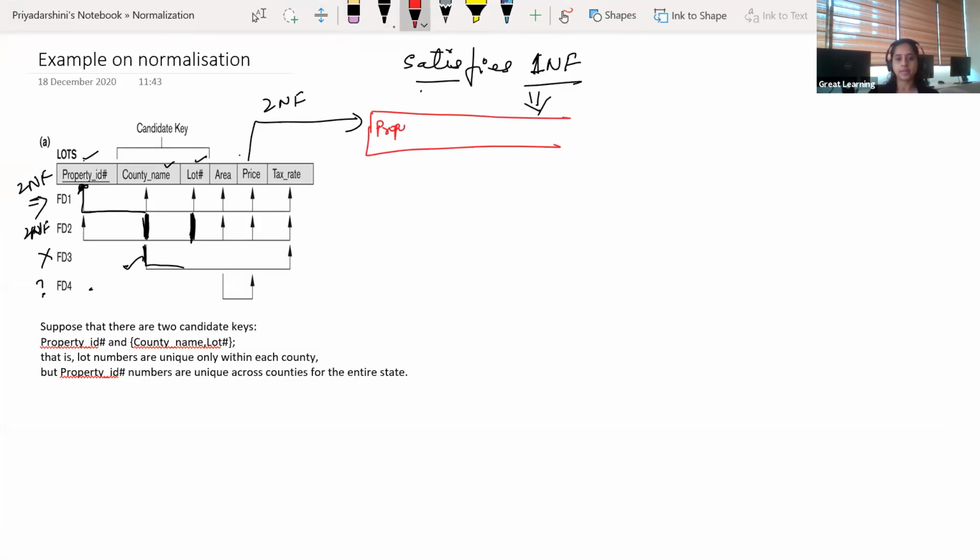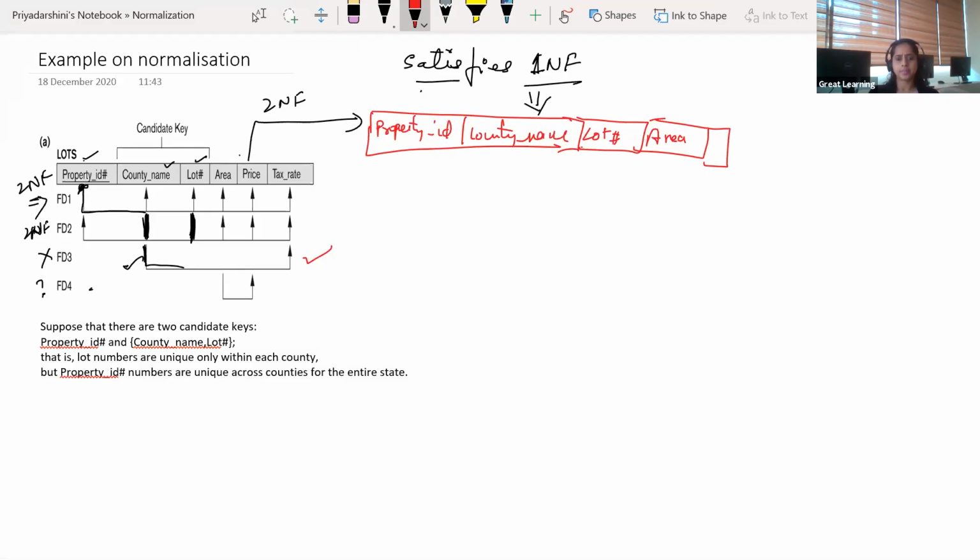Please write down everybody. Property ID, county name, lot number, area. Which one do you have to remove actually? FD3. Another, tax rate.